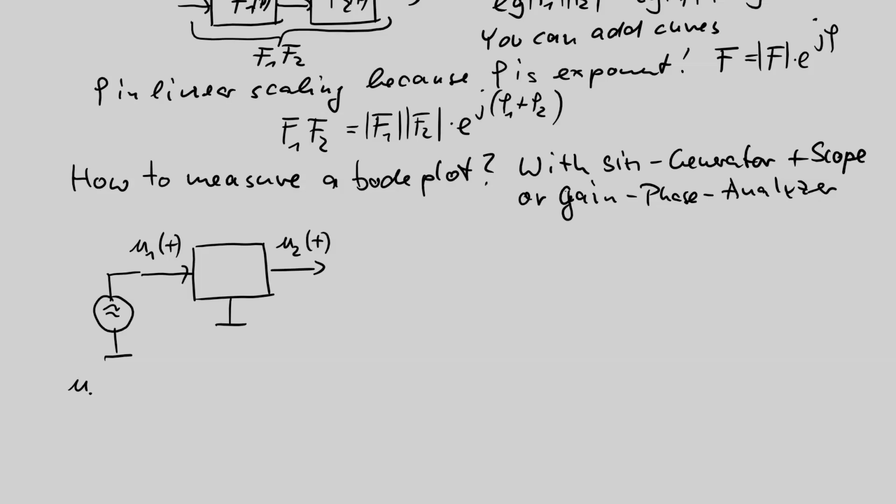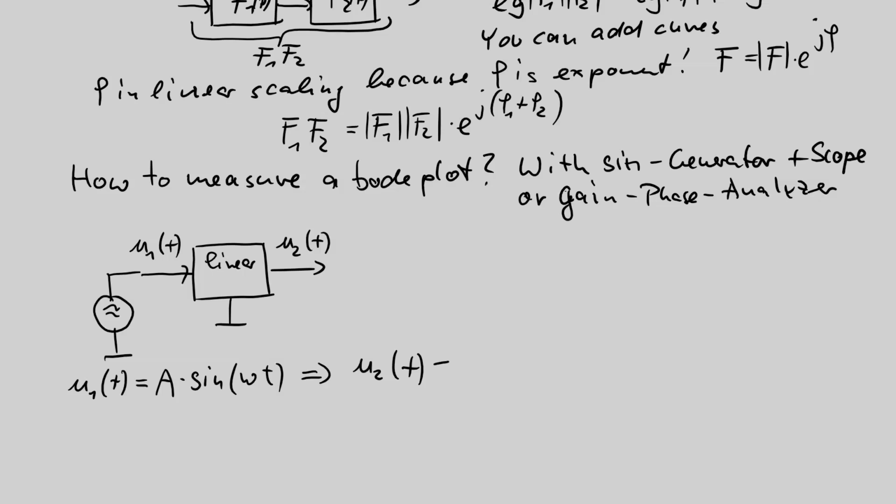So that U1 of t is just an amplitude A times a sinus function of omega t, and omega, the frequency, is changed. So if we measure with one frequency and one amplitude, we have one signal at the input, and then in a linear filter we know something about the output signal.